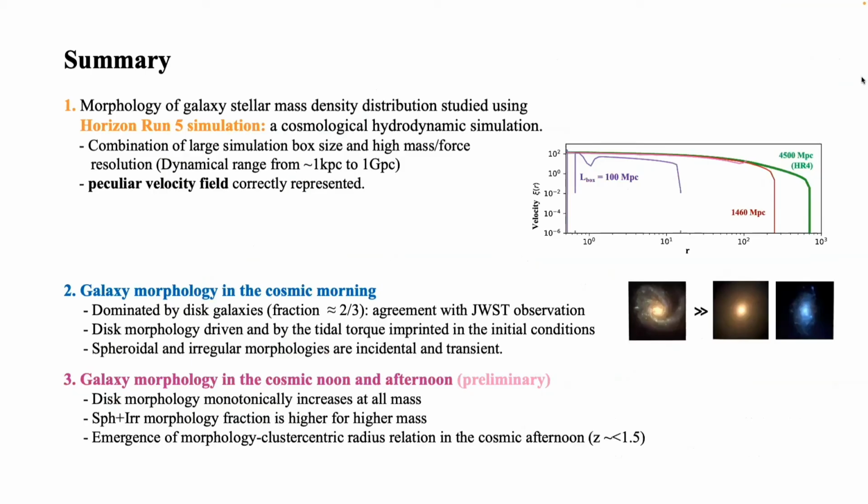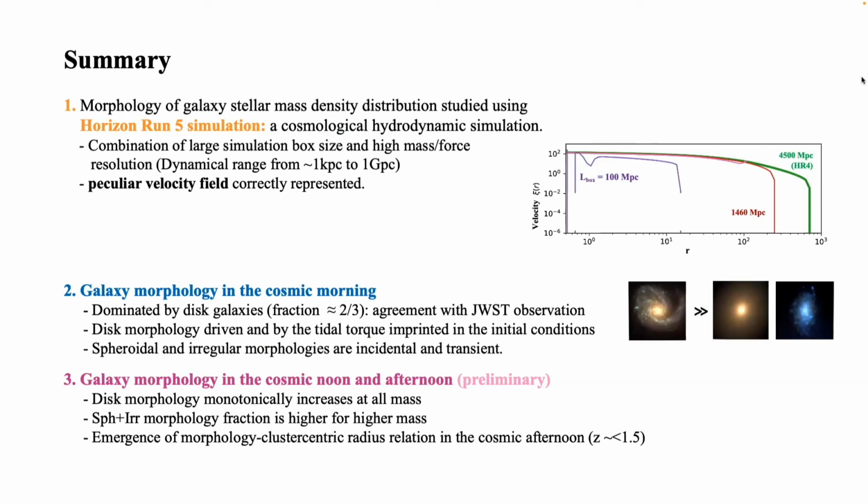Okay, so that's all. Let me summarize. We made HL5 cosmological hydrodynamic simulations and used HL5 galaxies to study morphology. I think we found this disk domination thanks to the size of the simulation.